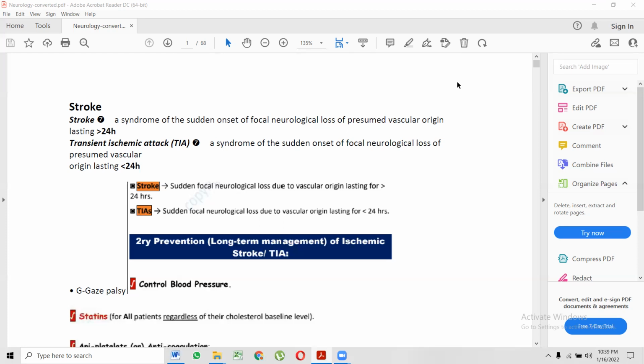Now, what are you going to do if someone presents to you with a stroke? The initial management of the stroke is, first of all, CT scan of the head. Why is CT scan important? Before starting any treatment, from CT scan we can exclude hemorrhage.